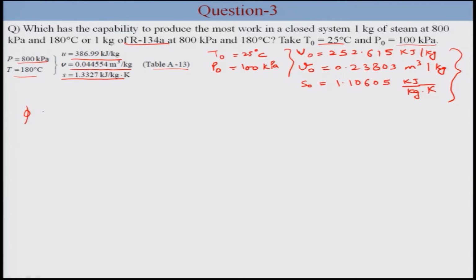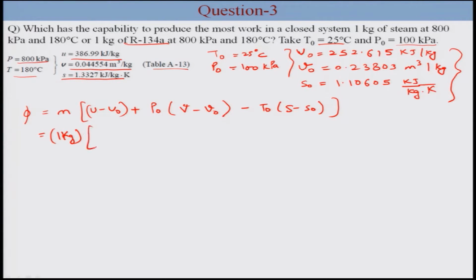So phi, Exergy, is given as m(U minus U0) plus P0(V minus V0) minus T0(S minus S0). Putting all the values, mass is 1 kg, U is 386.99 minus U0 is 252.615 kilojoule per kg plus P0 is 100 kilopascal.